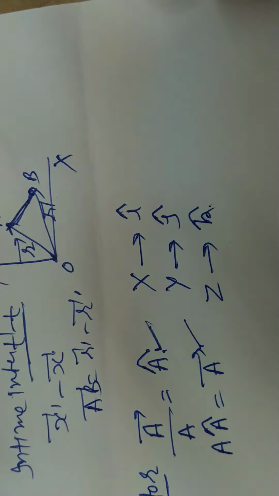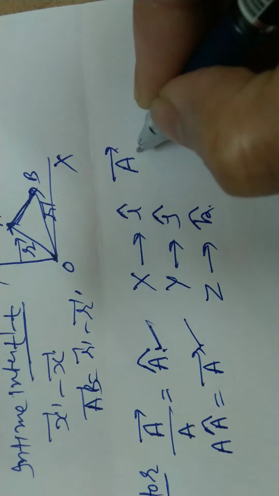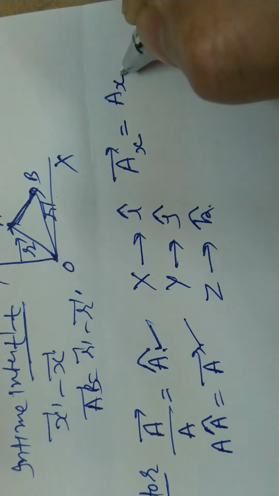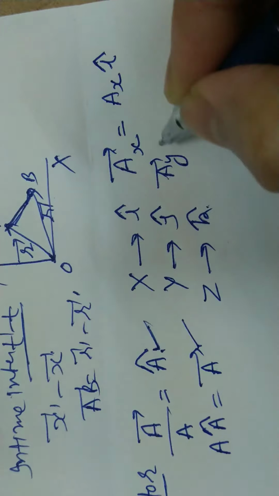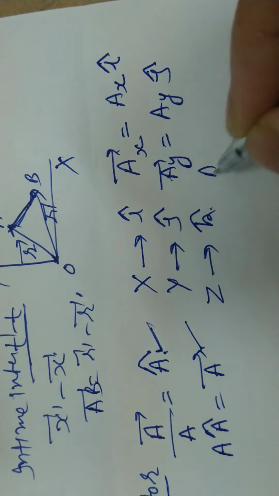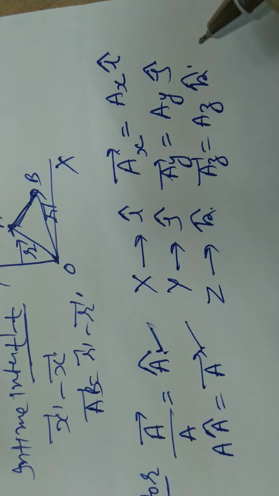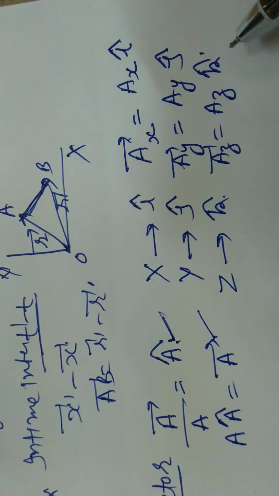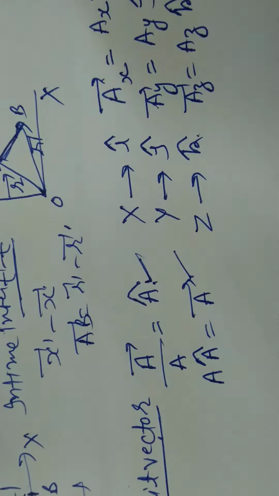A vector along the x-axis is written as its magnitude with the unit vector, and likewise along the y-axis and the z-axis. These are called the unit vectors for the Cartesian coordinate system.